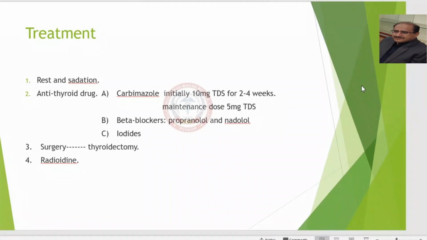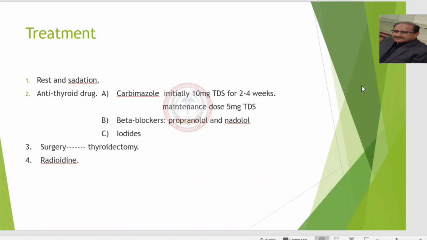We advise tranquilizers or sedative agents to keep them calm and quiet, to decrease their excitability and agitated behavior. Other are the anti-thyroid drugs, used initially, like carbimazole. In the market it is available under the name of neomercazole. So carbimazole is a very important anti-thyroid drug.